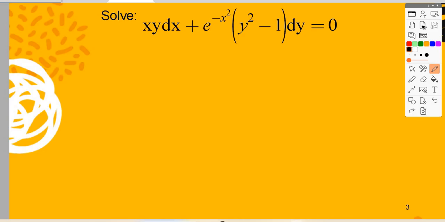So notice that my dy and dx are kind of already separated. So what we could do, again, if I have addition, I'm trying to get rid of my addition so that I can just multiply and divide things pretty easily. So I'm going to go ahead and subtract all of this fun stuff.